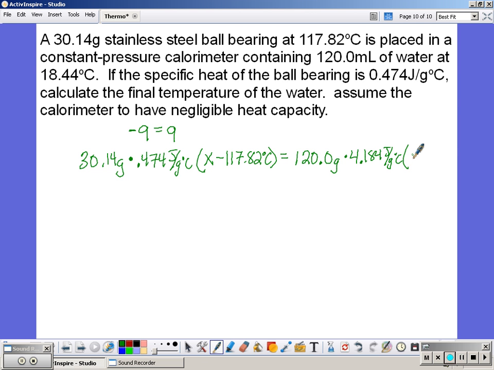So final minus 18.44 degrees Celsius. Now these two final temperatures have to be the same. So now all you have to do is solve for x.